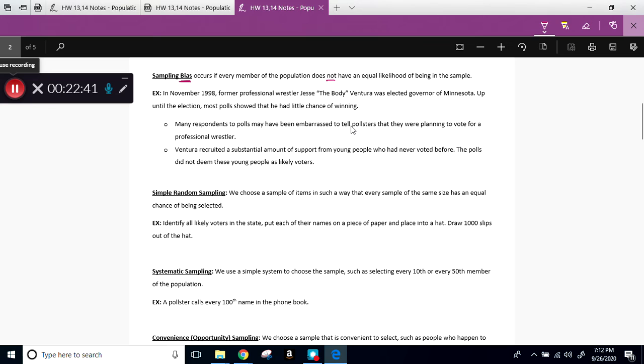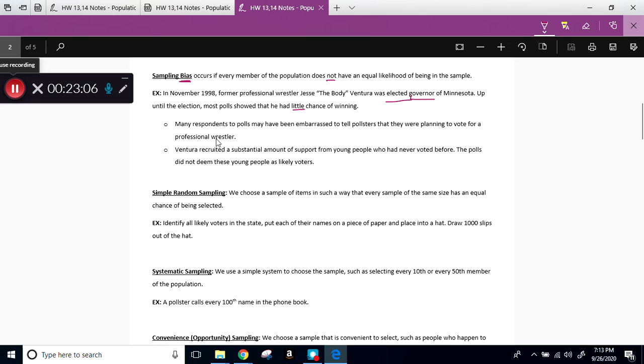All the polls showed one person was going to win and the other person won. How does that happen? Well, this is also about a governor, and most polls showed he had little chance of winning, but he won.